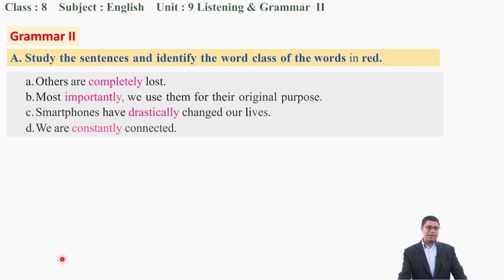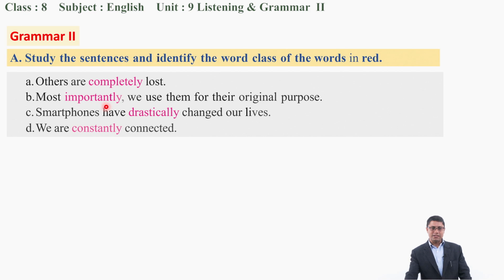So the first activity: study the sentences and identify the word class of the words in red. You do have 4 sentences here. There are words in red. Let's see them. A. Others are completely lost. See the word completely? It is red in color. Next, most importantly, we use them for the original purpose.